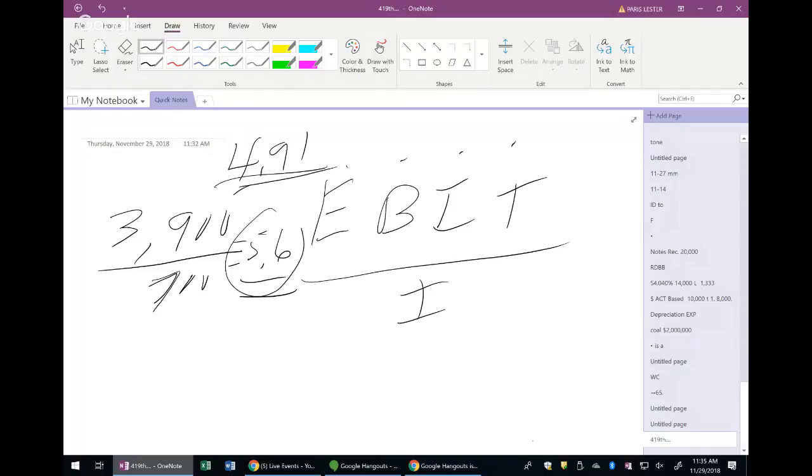This year is 5.6. You know that's better than 4.9. Anytime you can earn more, the bigger the number, the better for times interest earned. Okay, your debt to equity ratio is total liabilities over stockholders' equity.